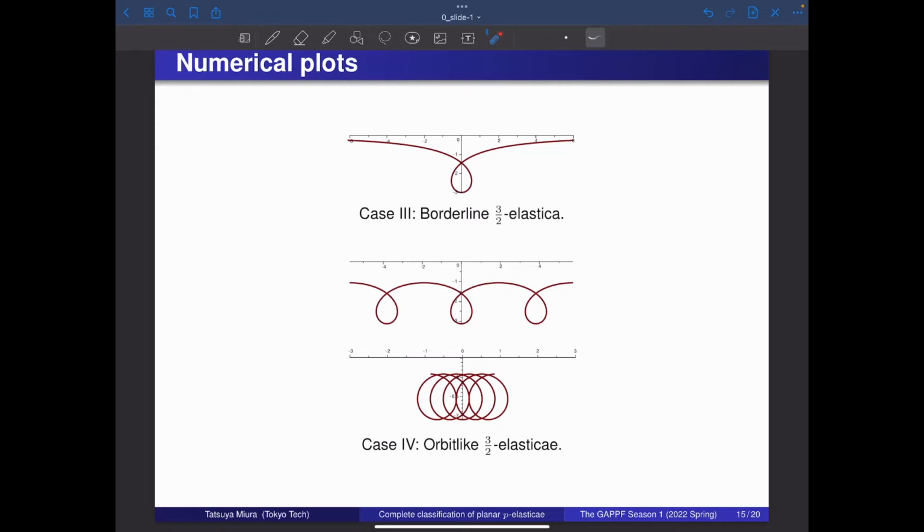And by changing the parameter, it will converge to a circle, at least formally, which is case 5. So in this sense, these families are some kind of continuous family with respect to the parameter.